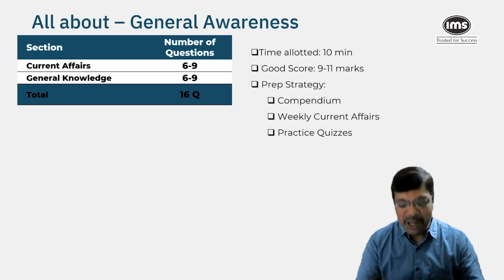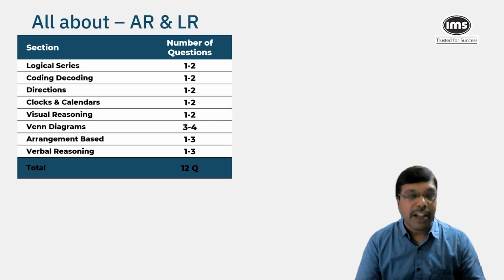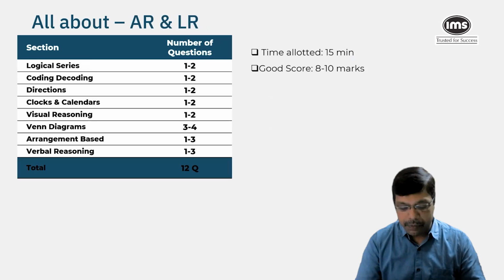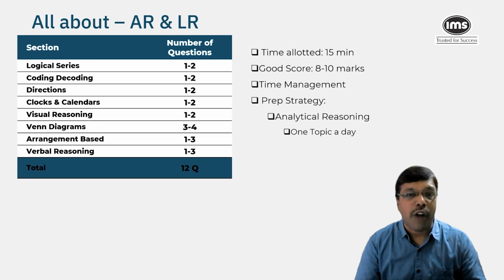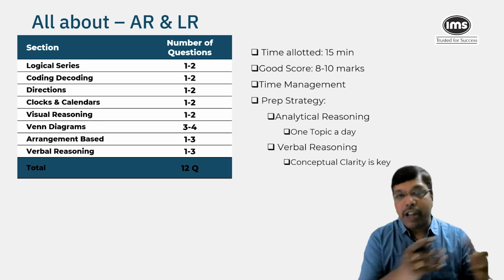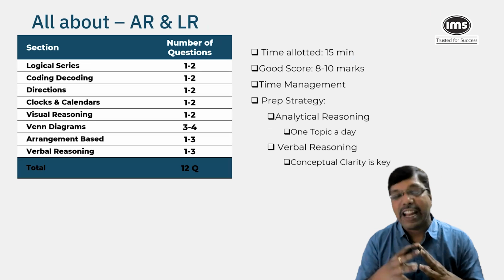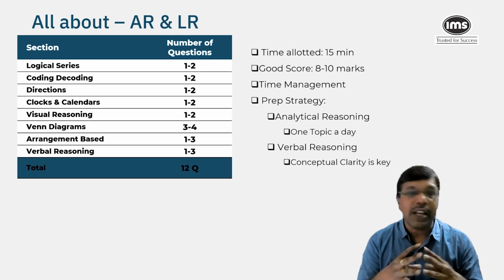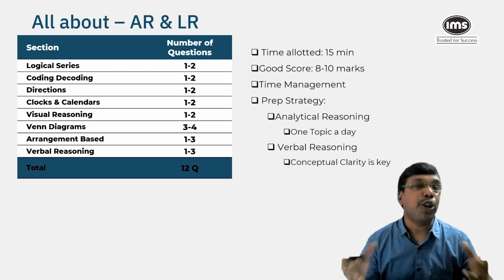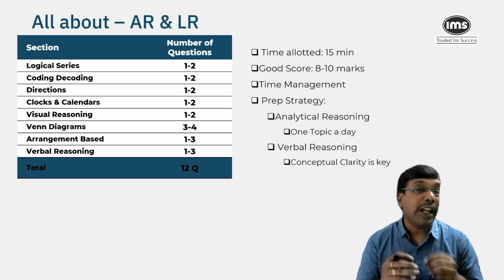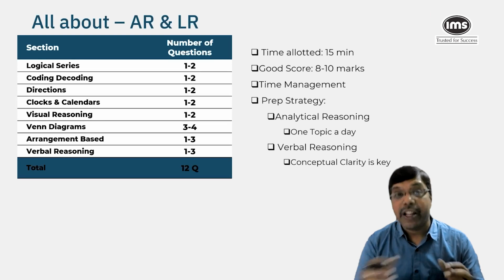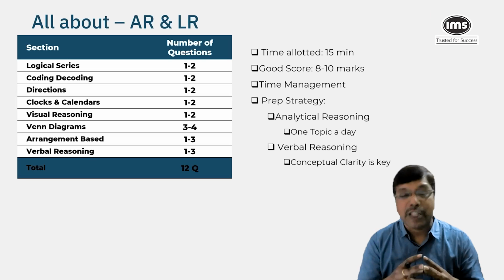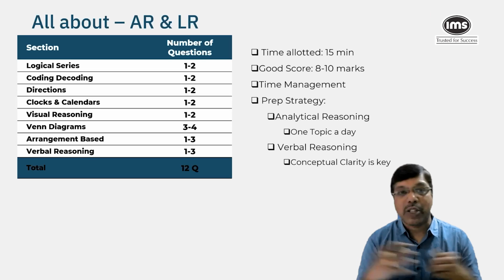Now, the last section in the SET, analytical reasoning and logical reasoning, an interesting combination of certain topics from reasoning as well as English. As you can notice, this is also similar to Quant, where though there are only 12 questions, they try to give questions from many topics.